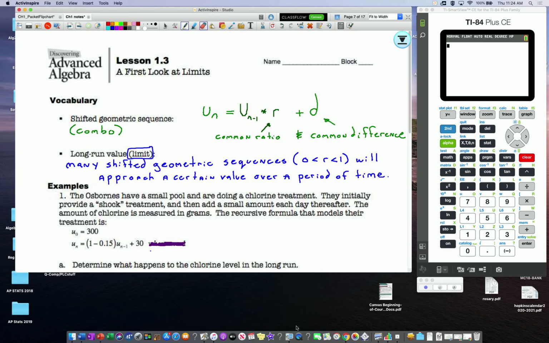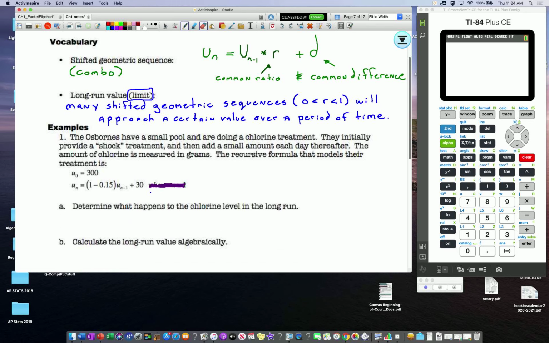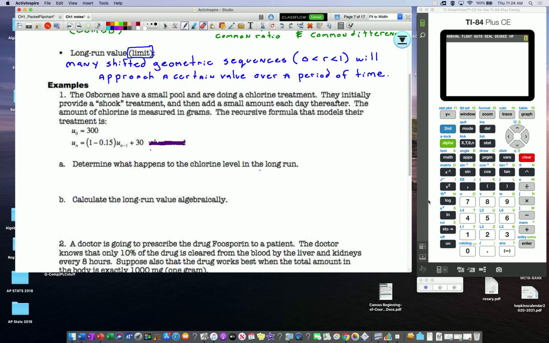So to give you some situations where this happens and how we can have geometric sequences, we start off with this first problem. Love this first problem because, as I've shared with you before, I used to be a swim coach, and for 7 years I worked at Wayzata Country Club, and I taught swim lessons.